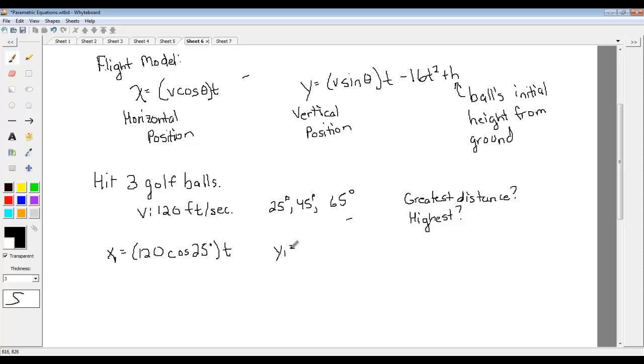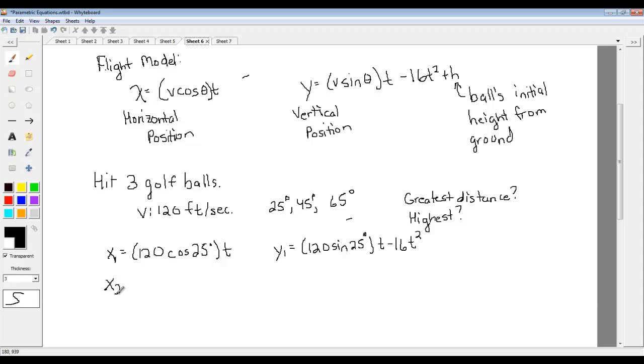Y sub 1 is going to equal 120 times the sine of 25 degrees times t minus 16t squared. We don't need the plus h because we're hitting them from the ground. H is for if it takes off above the ground somewhere.